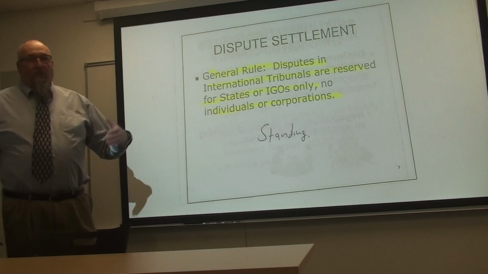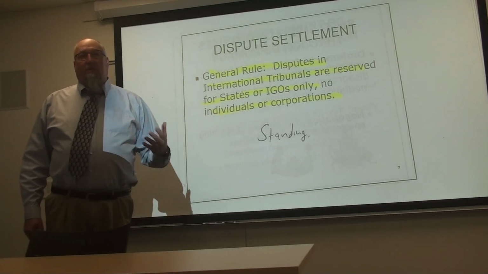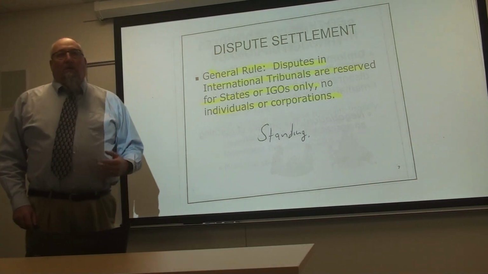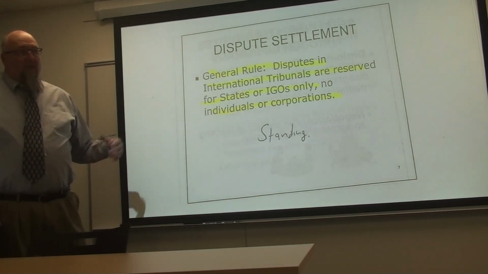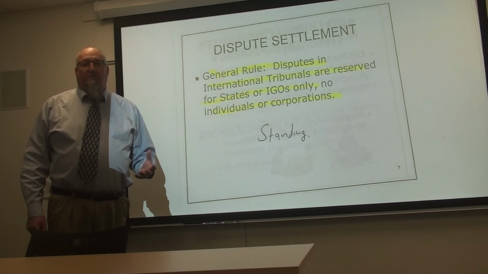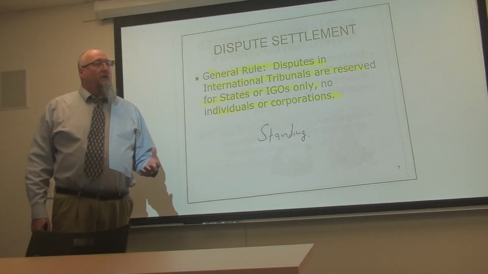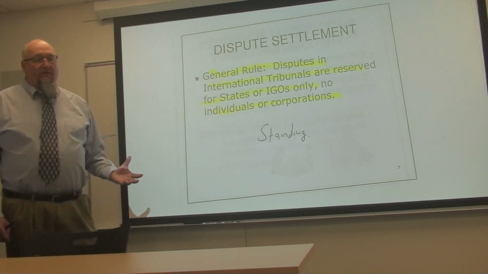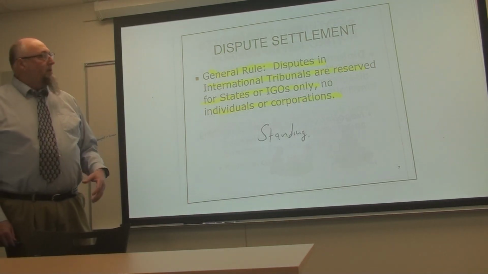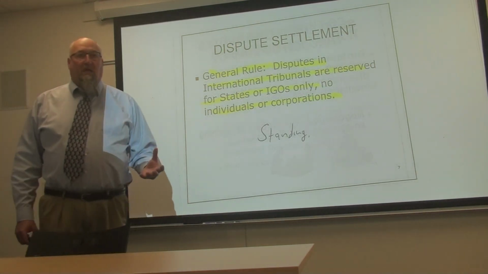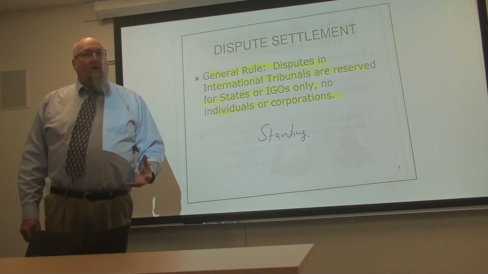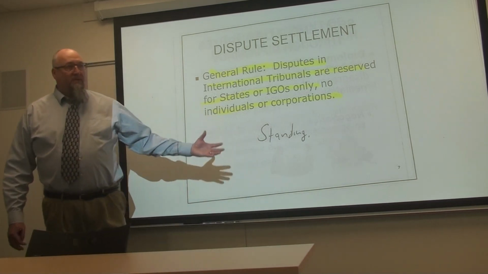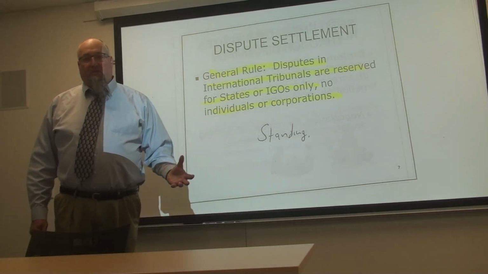Typically, for example, in the World Trade Organization system, only a state can bring a dispute through the system. Now that dispute may involve an individual or a private company of some type, but in order for them to bring a dispute to the WTO, it has to go through the government, and they would have to bring a dispute on behalf of the private person, because the private person or corporation does not have standing in the WTO to go through their system.